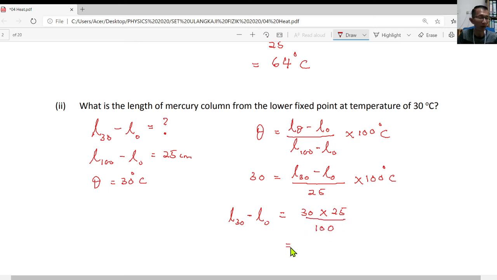So what do you get? That would be 7.5 centimeter. So this is the length of the mercury column from the lower fixed point at a temperature of 30 degrees Celsius. Try to understand how we solve the problems.